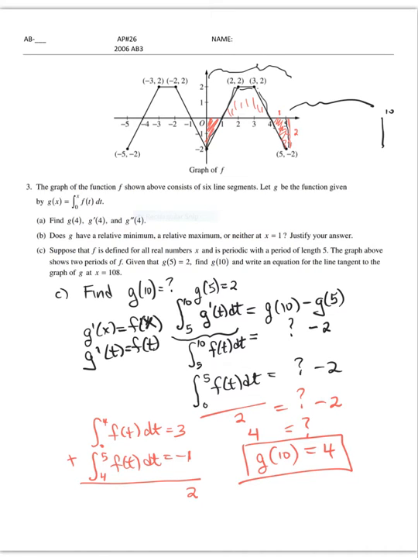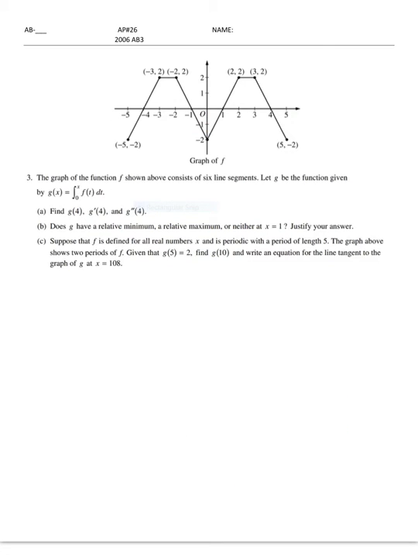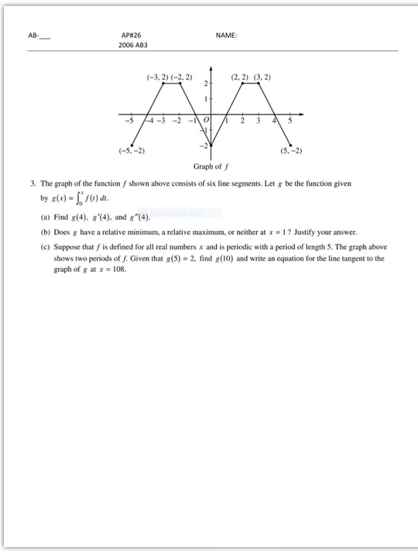Now let's answer the next part. Find the equation of the tangent line at x equals 108. All right, now to get the equation of the tangent line, we need 2 pieces of information. We need the point of tangency. So we know that the point of tangency is 108 comma g of 108.